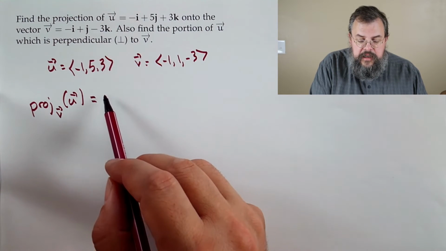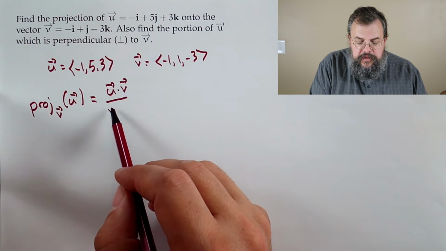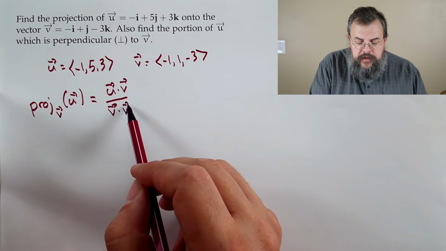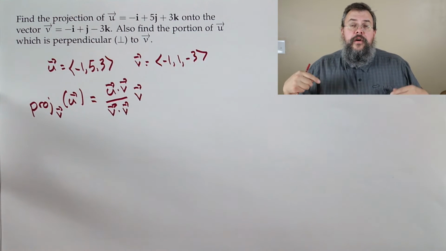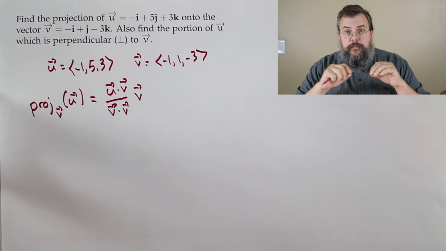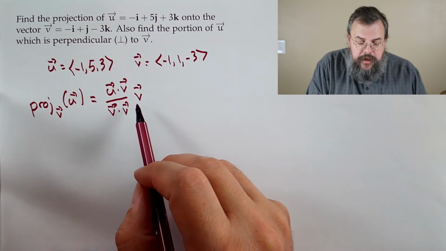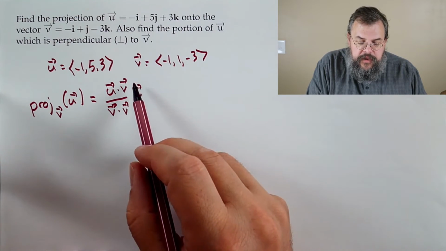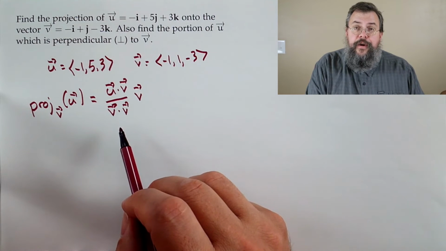Well, what is that? It's u dot v over v dot v times the vector v. In essence, you can think of it as when I'm done, I should end up with something that's parallel to v. In other words, it should be a multiple of v. So we say, well, to be a multiple of v, there's v, and here's what I scale v by to get the right amount.